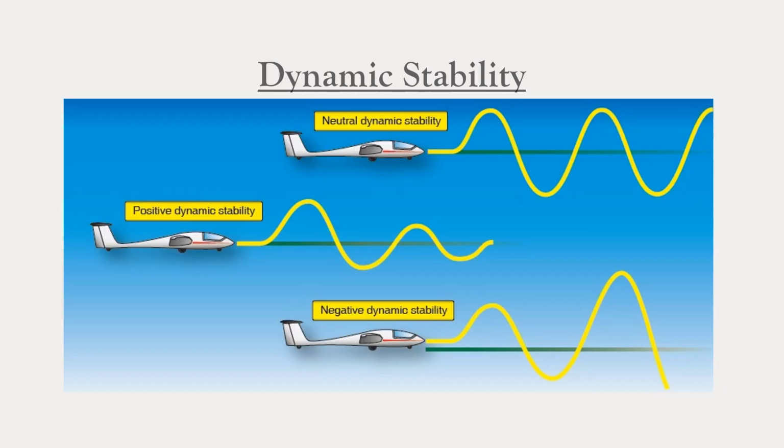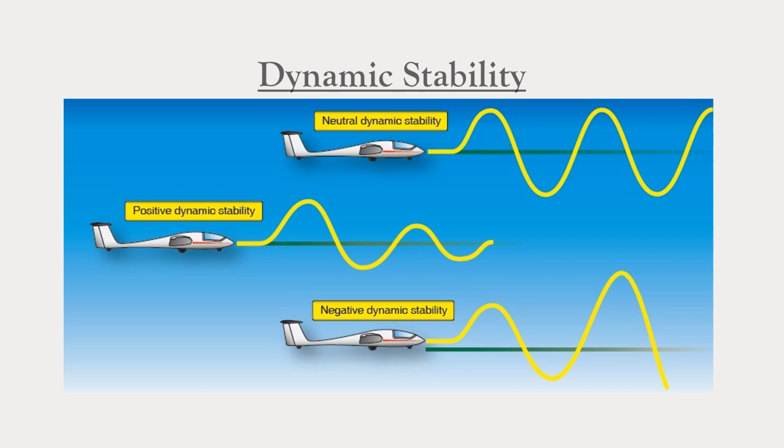Once we have a system with static stability, then we get to the question of dynamic stability. In a system with static stability, the object will return to its equilibrium point, but it won't necessarily stop there. In many cases, it will continue moving past it and then go back and forth in oscillatory motion.